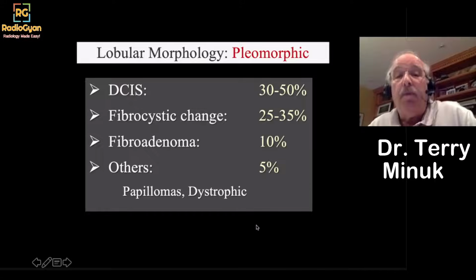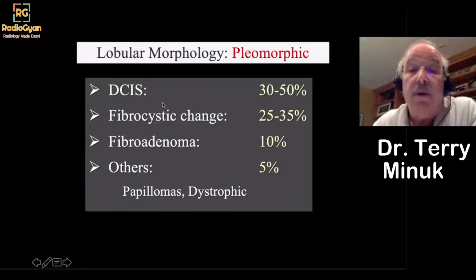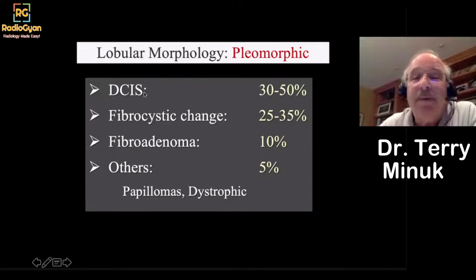So the pleomorphic calcifications tend to be DCIS, I find about half the time. Or the other most common is fibrocystic change or fibroadenomas, and there's other causes. But sometimes you cannot tell whether they're fibrocystic change or fibroadenomas, and you have to biopsy them.